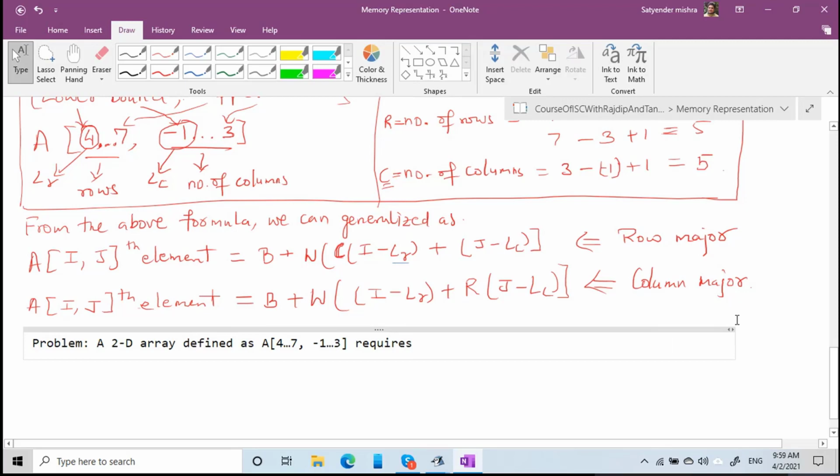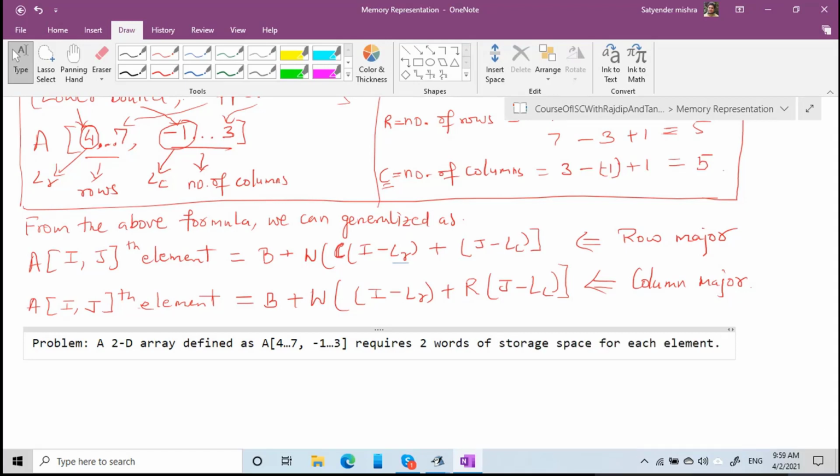What the problem is saying: it requires 2 words, and 2 words means 2 bytes. If the array is stored in row major form, calculate the address.